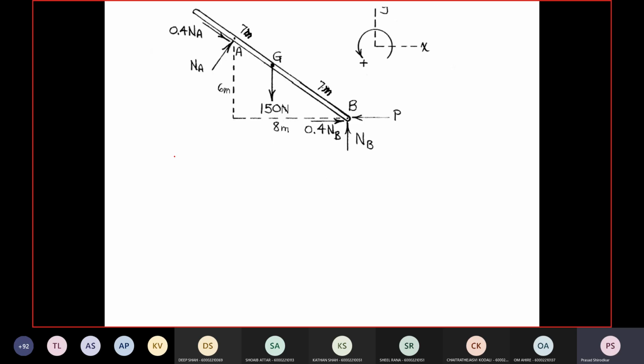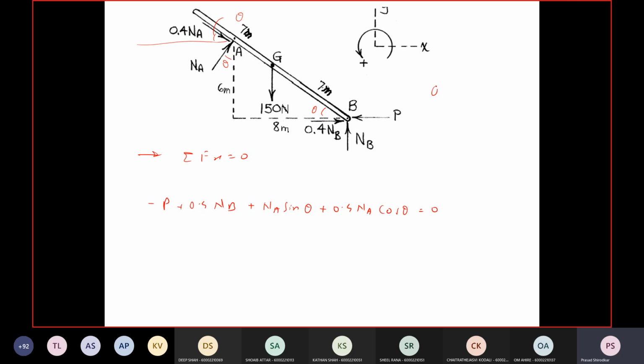Now we have to find out P. So to find P, do summation Fx is equal to 0. This is theta, this is also theta, and this angle with the horizontal is also theta. Right-hand side positive, so minus P plus 0.4 NB plus NA sin theta plus 0.4 NA cos theta is equal to 0.